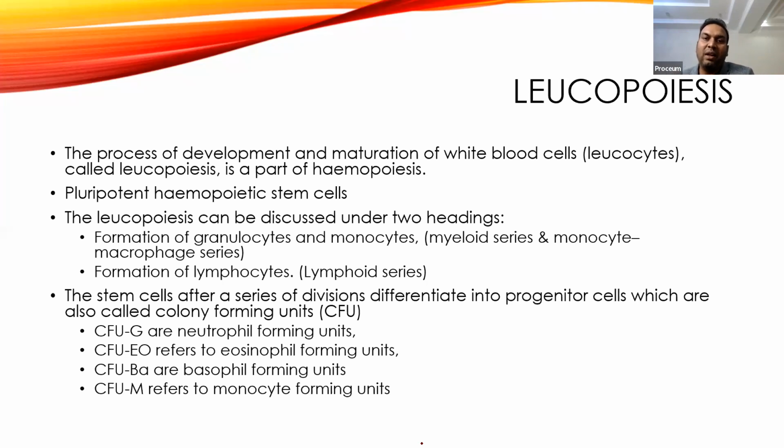When the pluripotent cell forms lymphocytes, that lineage is called the lymphoid lineage or lymphoid series. Those that form granulocytes or monocytes are called the myeloid series or myelomonocytic series. So these together will form different series depending upon the type of factors they are exposed to.